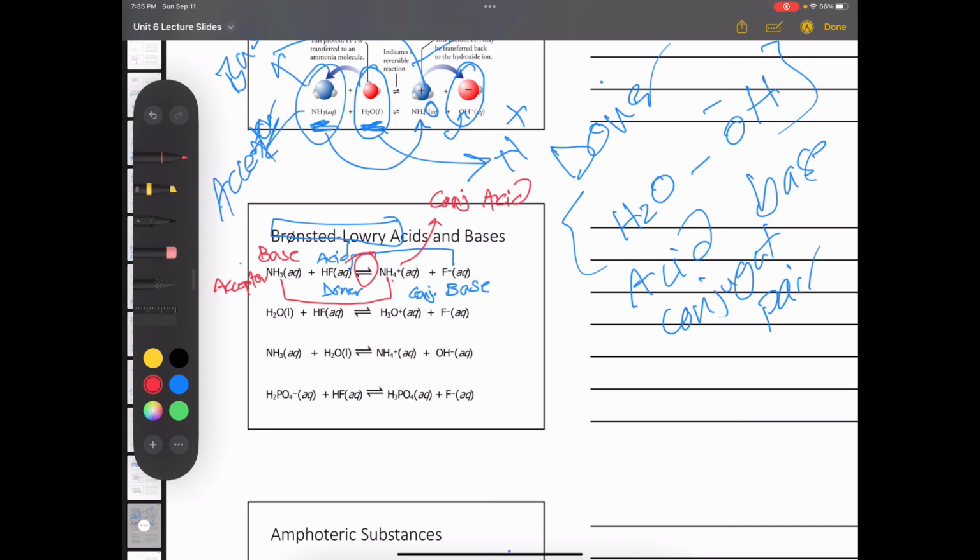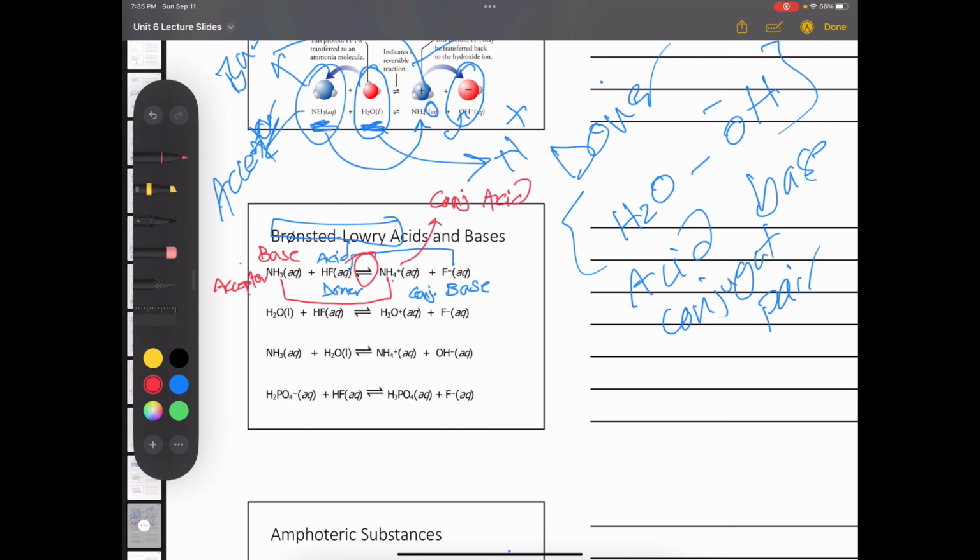Let's look at the next one, which is water reacting with hydrogen fluoride. So again, we are trying to trace the proton. Every time you see Bronsted-Lowry, forget about the hydronium and the hydroxide, and we're focusing on the proton. So we're tracing the proton to see where that proton is going.